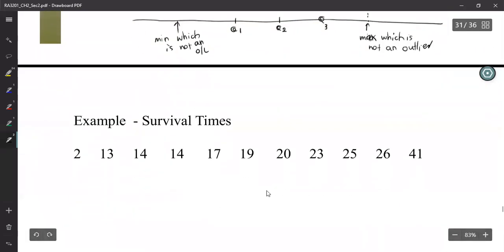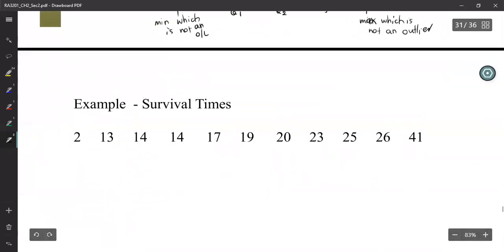Okay, right. So let's draw a box plot for this survival data. So this is a new data set. How many observations are there?